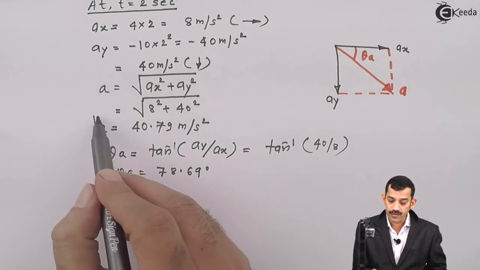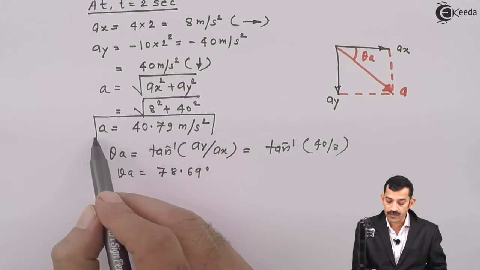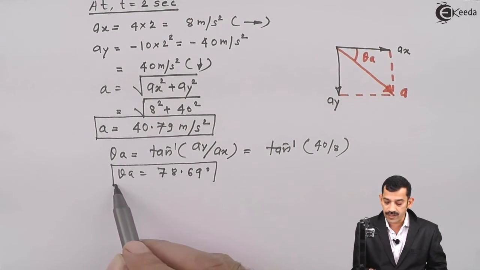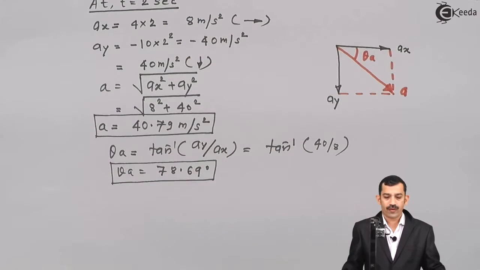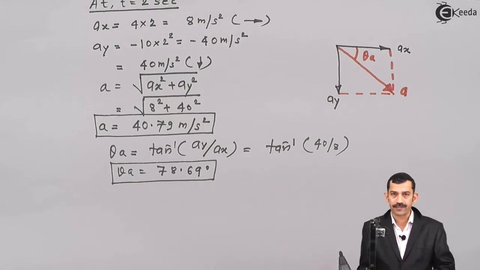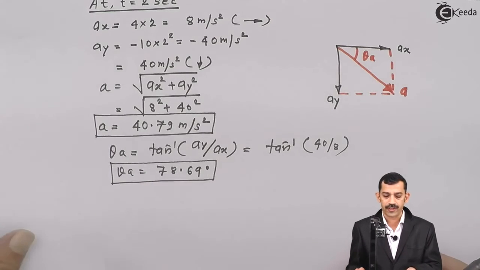That means finally you are getting resultant acceleration 40.79 and its inclination 78.69. Now we'll find out velocity at t equal to 2 seconds. To find velocity, as you calculated acceleration and theta A, we'll find Vx and Vy at t equal to 2 seconds. Let's continue on the next page.